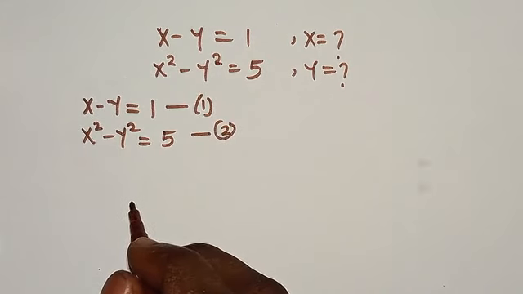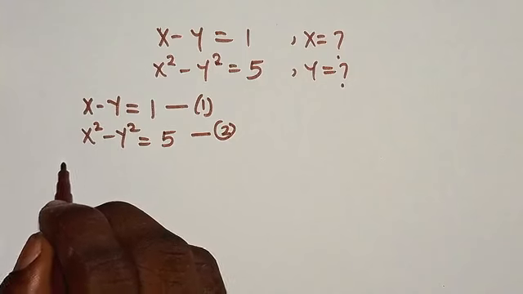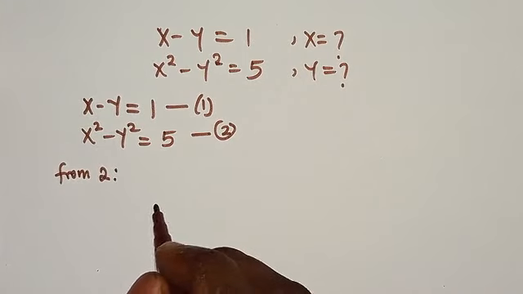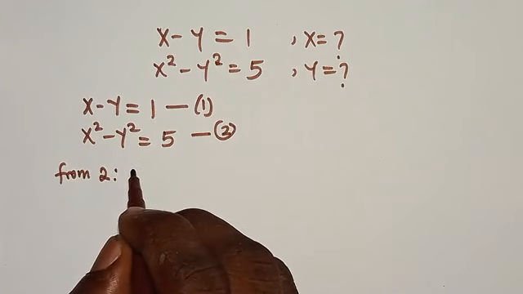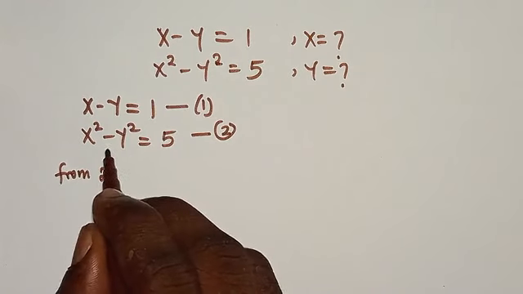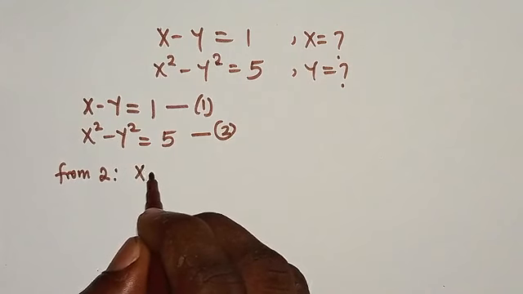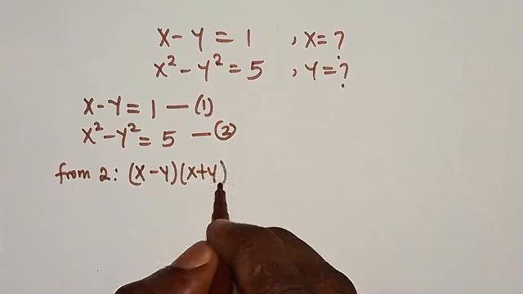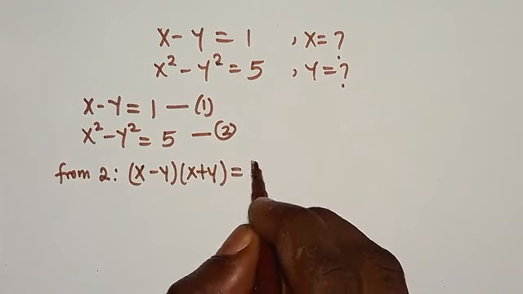So now from here, the next thing we are going to do: from equation 2, we can rewrite the left hand side to be x minus y, x plus y, then equals 5.